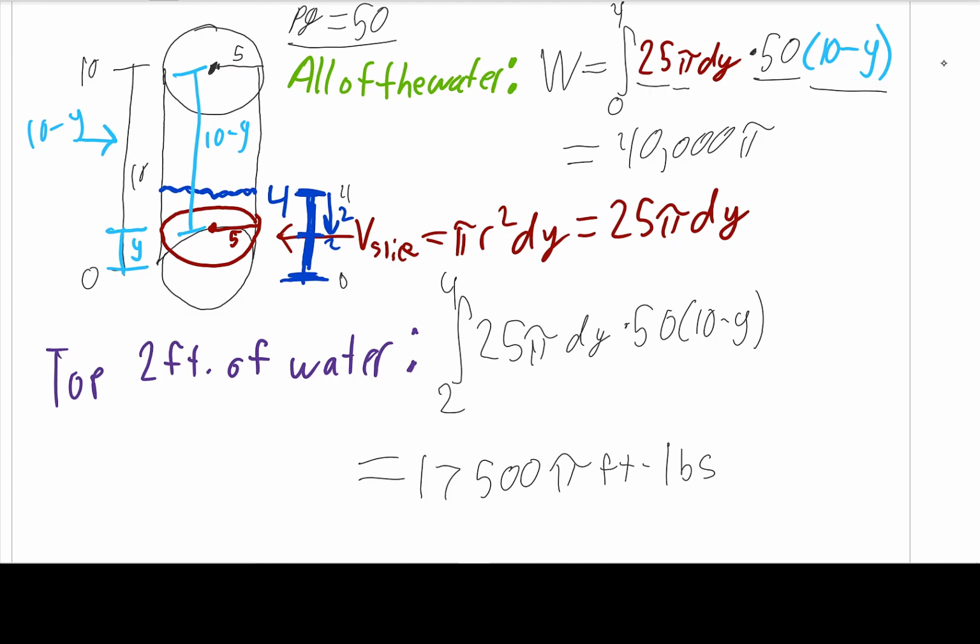A lot of things in physics aren't super easy for me to intuitively check, but what I do know is that it should be easier to move the top 2 feet than all of the water in the tank. So it makes sense to me that this number right here is smaller than this number right here. And I need to put my units in.